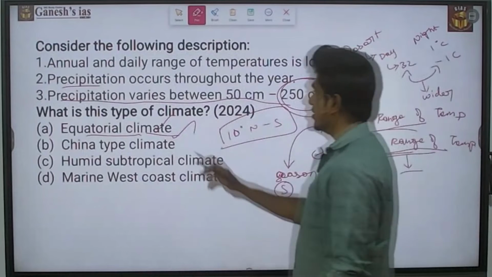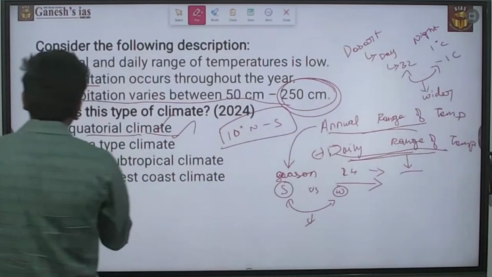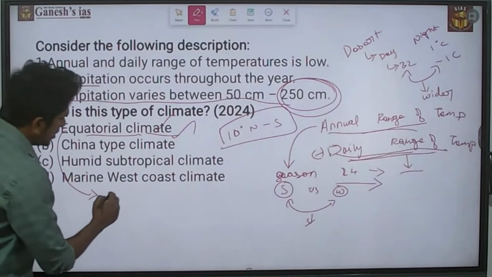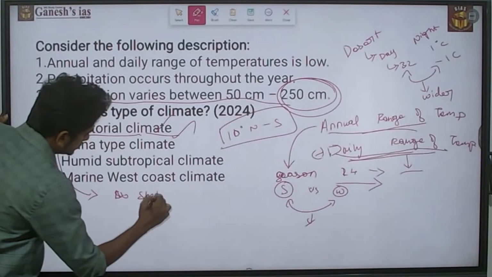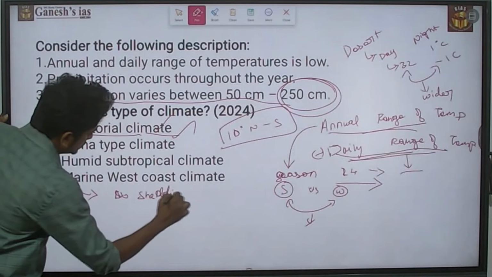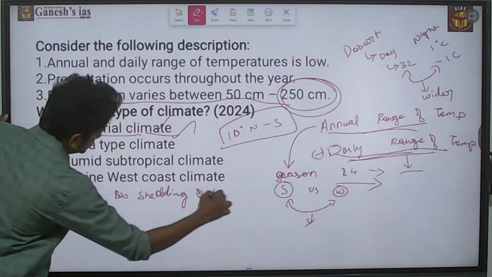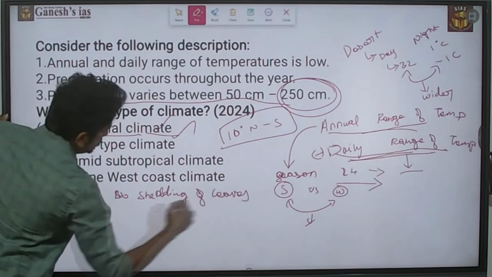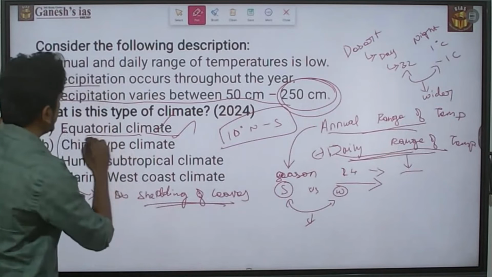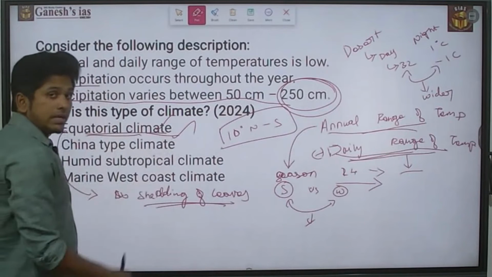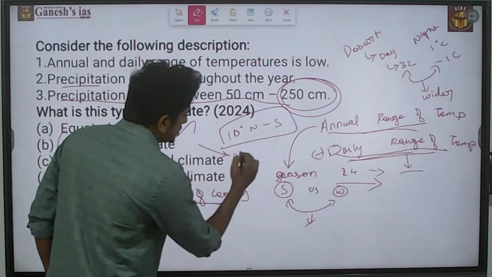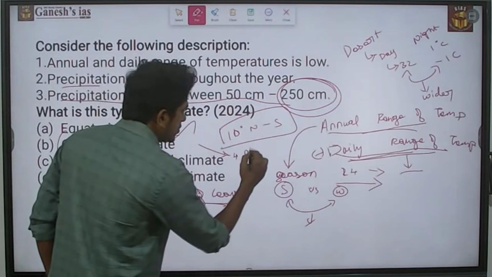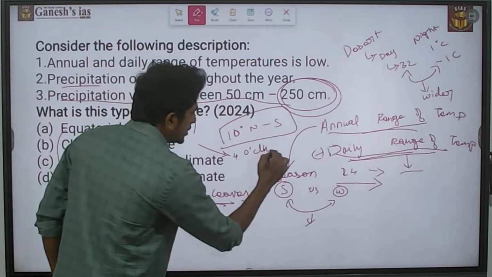Other than that, what is unique to the equatorial climate is that there is no shedding of leaves. There is no autumn season in the equatorial climate. That is one thing. Another thing they may give as the uniqueness of the equatorial climate is 4 o'clock rainfall.